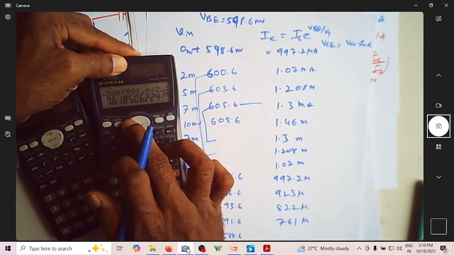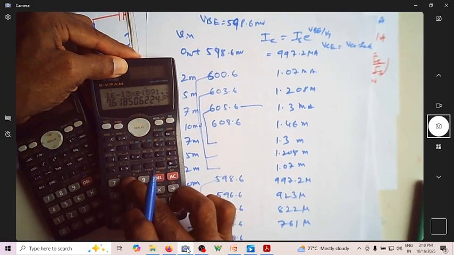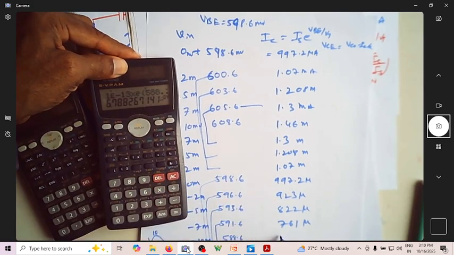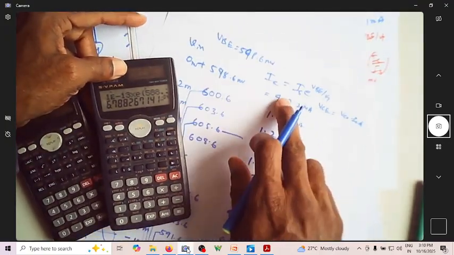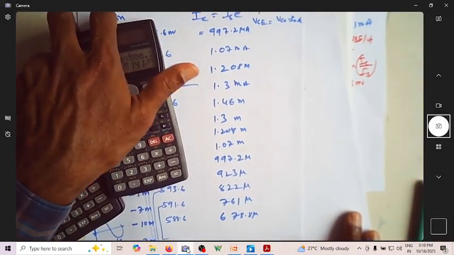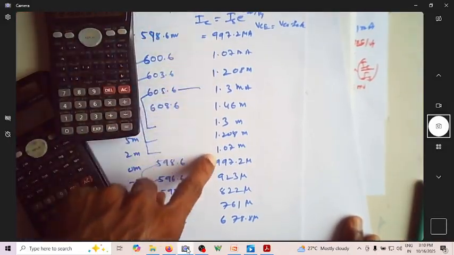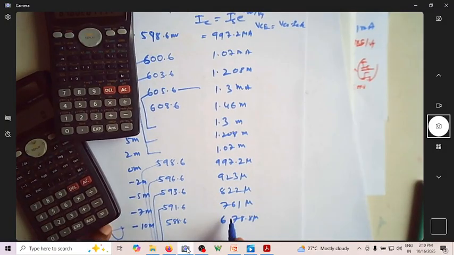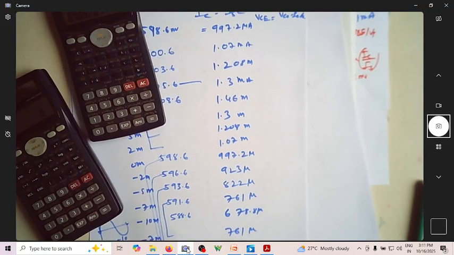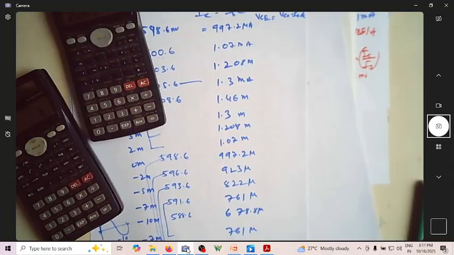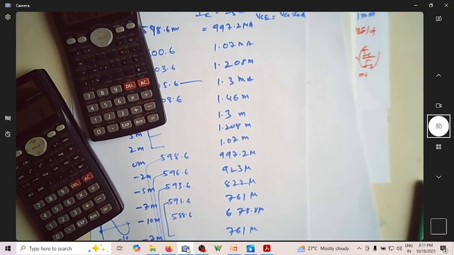Then it is 588, it is 678.8 micro. This is the variation in collector current. Let me repeat this: 761 micro, 822 micro, 923 microampere, and for 0 it is 997 microampere. So these are all currents.